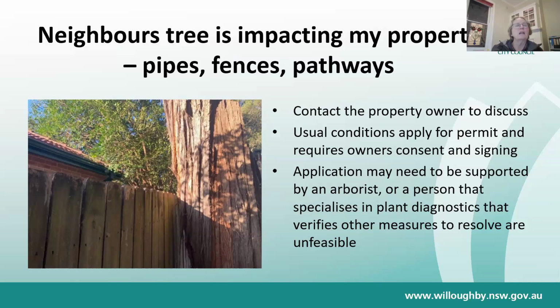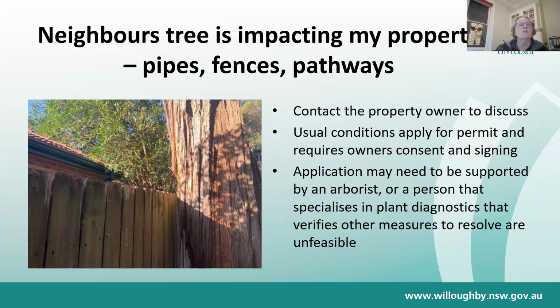Trees that are overhanging, or canopy that's overhanging your roof, generally, approval to prune that back is just generally granted, but again, it depends on the volume of canopy that requires being pruned back, and so forth.